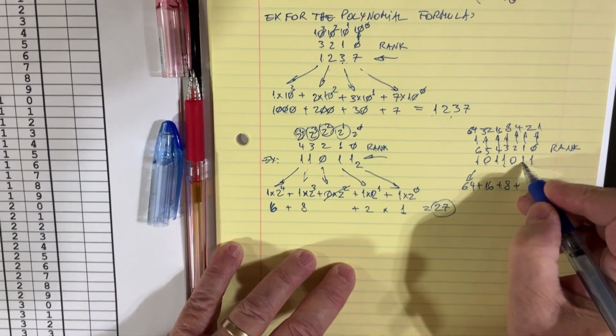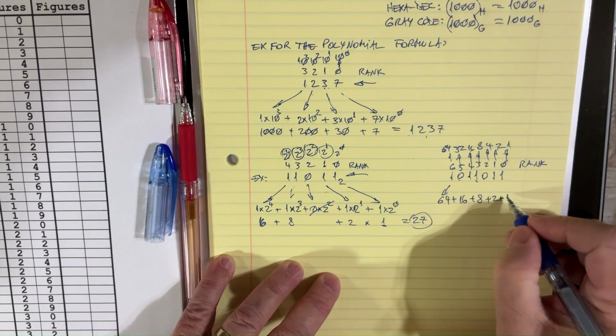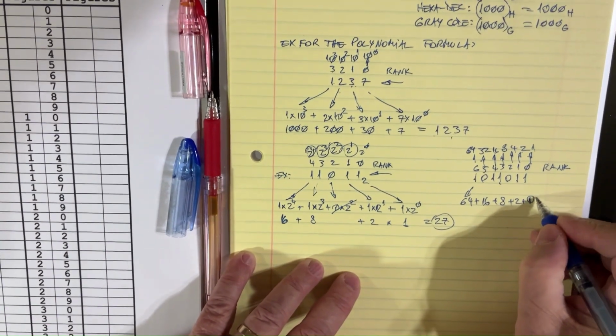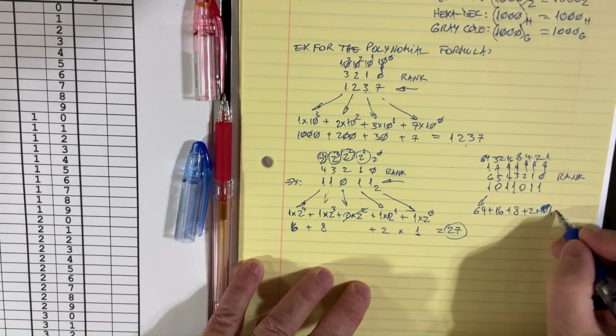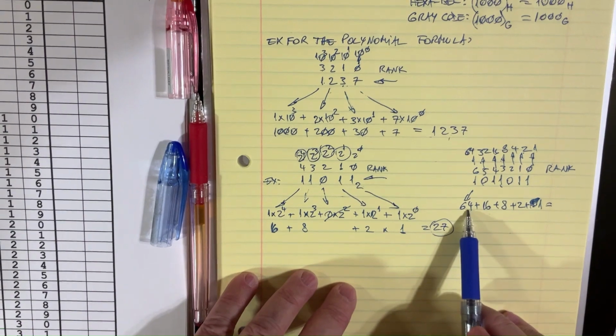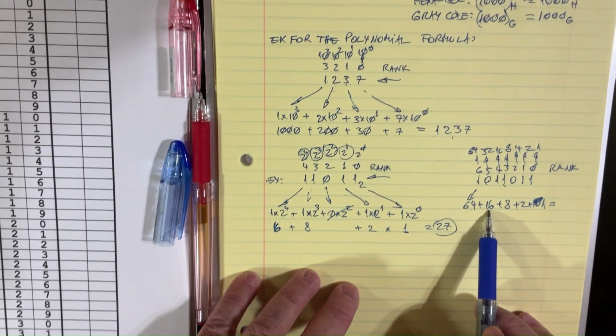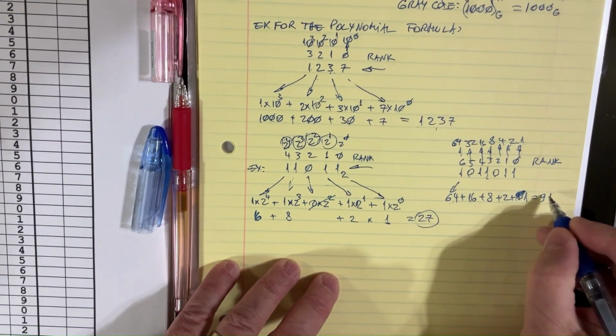But this one is 1 times 2 is a 2, and plus 0 times anything else is not 0, sorry, is 1. So then I'm going to get 64 plus 16 is 80. And this is going to be 90, and you're going to get 91.